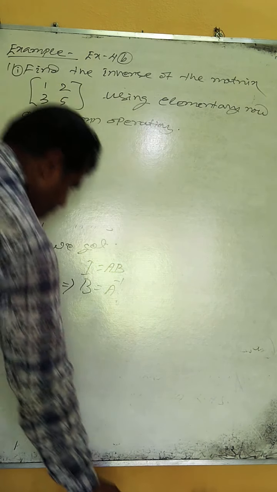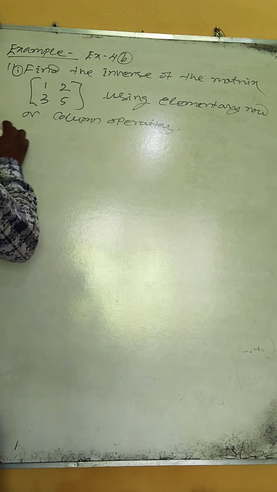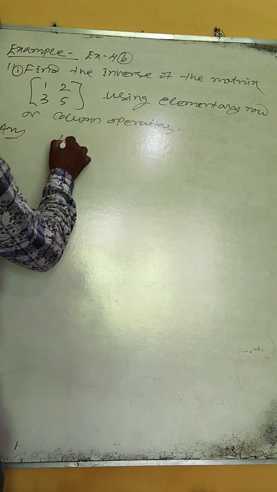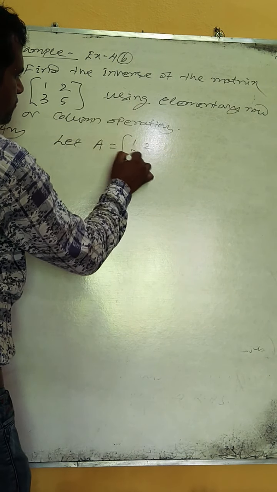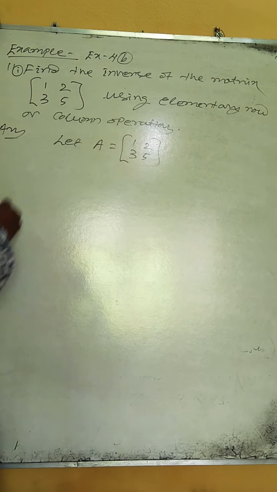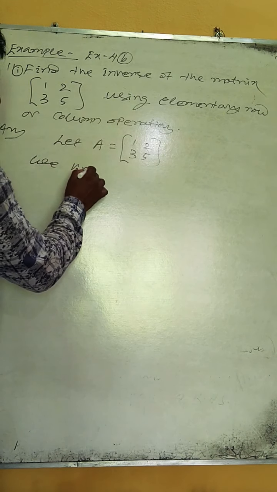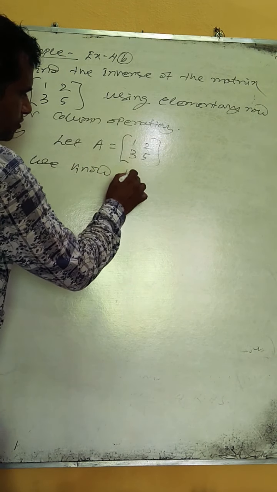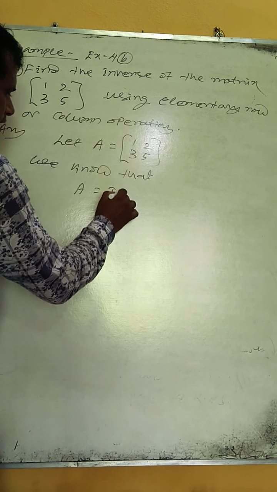Okay, let capital A equal 1 2 3 5. We know that we write A as IA.